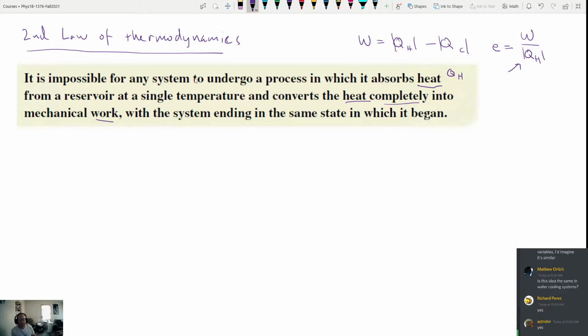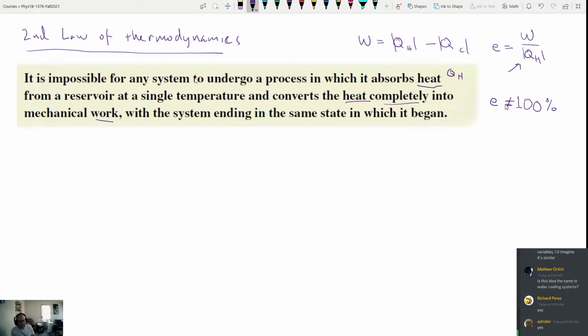So if this wasn't true, then it would be possible for e to be equal to 1, right? You could get an efficiency of 100% if this was true. What it's saying is that this is impossible.